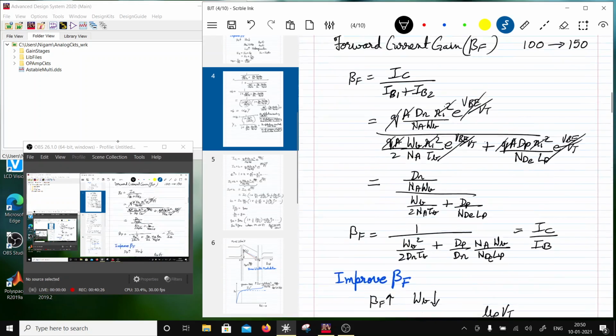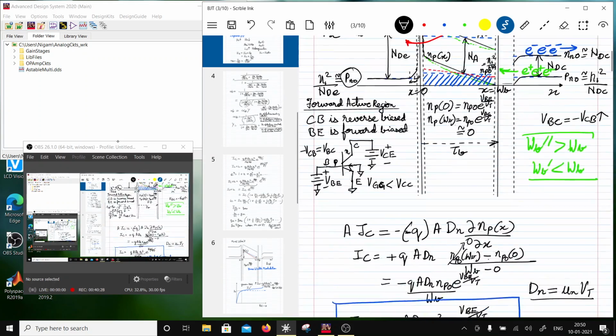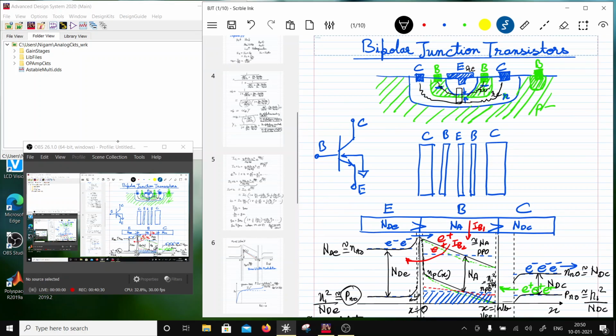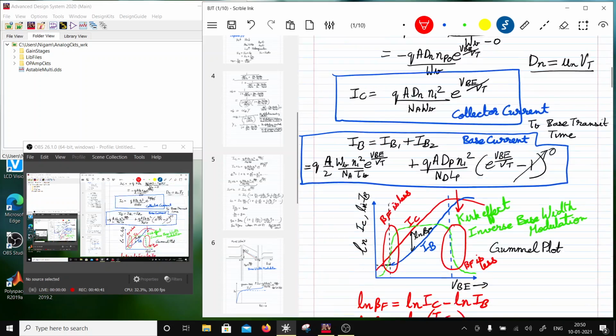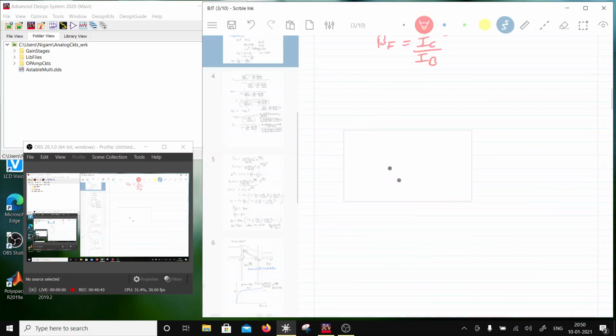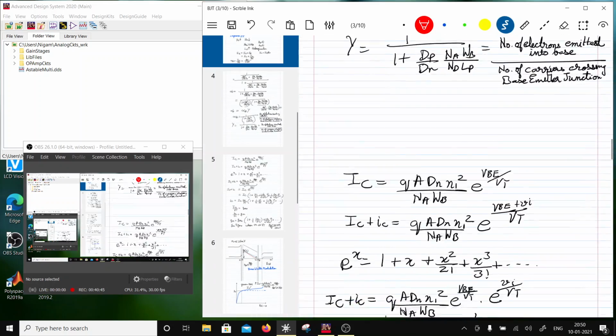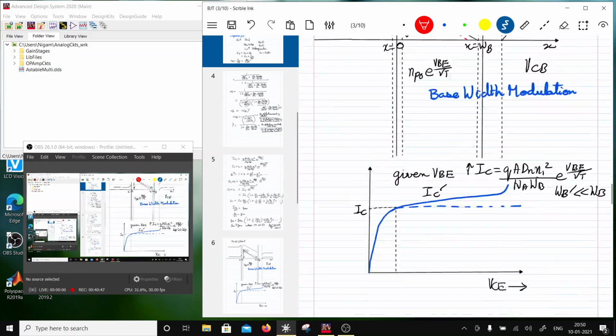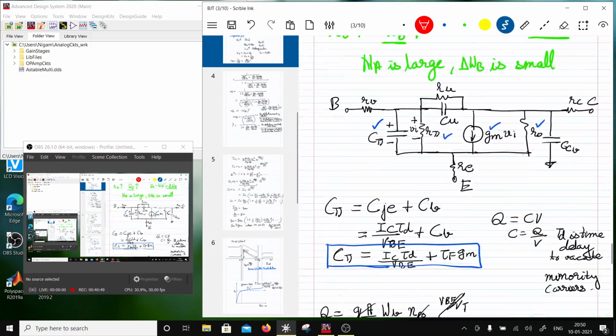So let's go to the construction of the device. Okay, so this is the construction of the device. Now you see that this entire thing is a PN junction, right? And this is the junction between collector and body, right? So this is a huge area, so this output capacitance is going to be large. Let's see that.